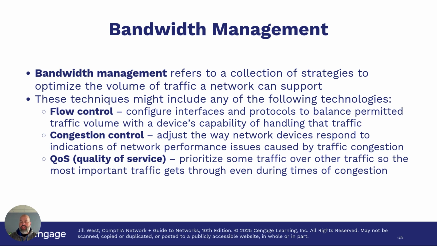Congestion control adjusts how devices respond when traffic gets heavy, like switching to side streets when the highway is jammed. And QoS, which is quality of service, prioritizes some traffic over others, ensuring important stuff gets through even during congestion, kind of like giving ambulance priority on the road when there's an emergency. These techniques work together to keep your network flowing smoothly.